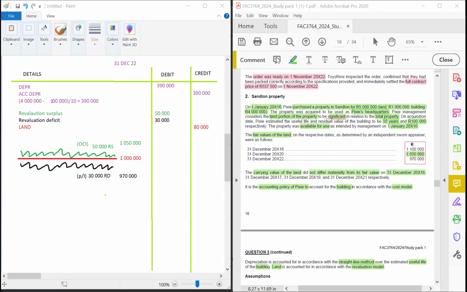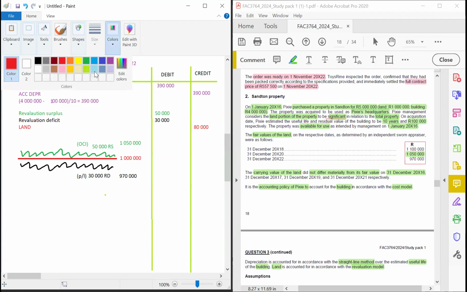I think there's another question in the chat box from Yaya. Why is the revaluation surplus on the debit side? Because in 2018 we had recognized a revaluation surplus of 100,000.